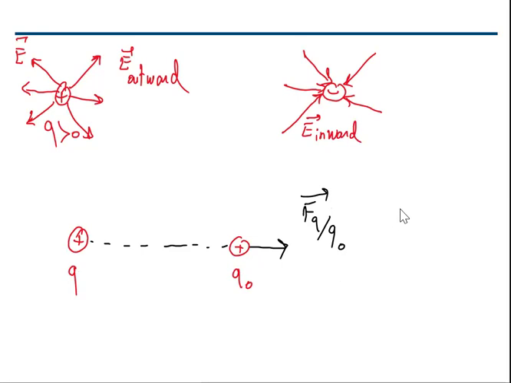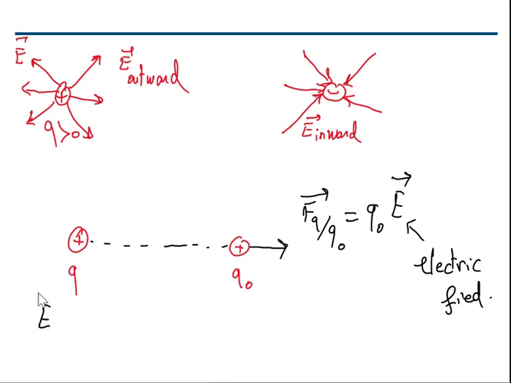Now, according to the definition, the force F of Q on Q naught is equal to Q naught multiplied by the vector electric field E. So this is the electric field E. As a definition, our electric field is equal to F over Q naught. Very good.